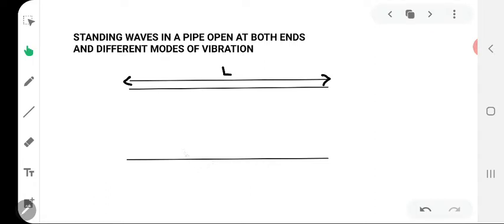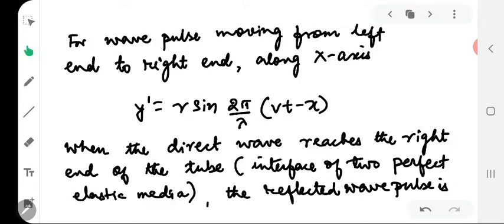Suppose that a wave pulse is moving from its left end to the right end along the x-axis. So that shall be represented by y' equal to r sin 2π/λ (vt − x).